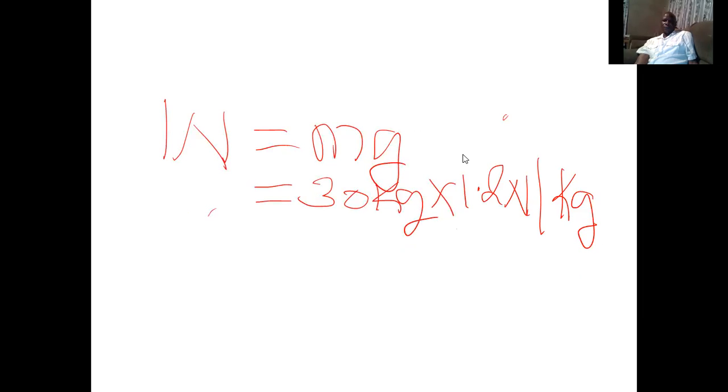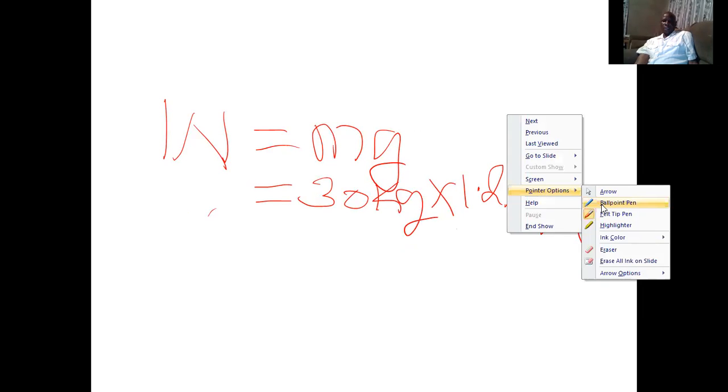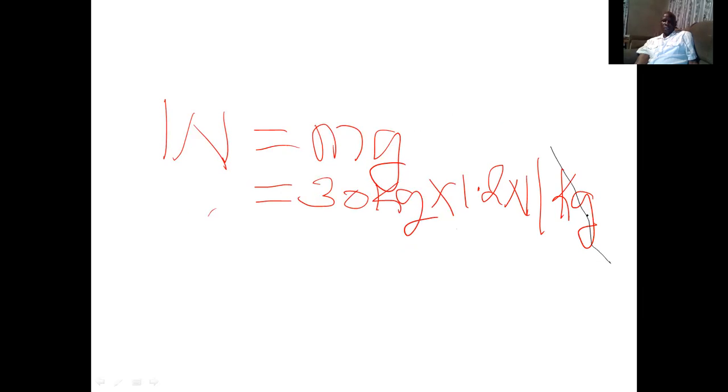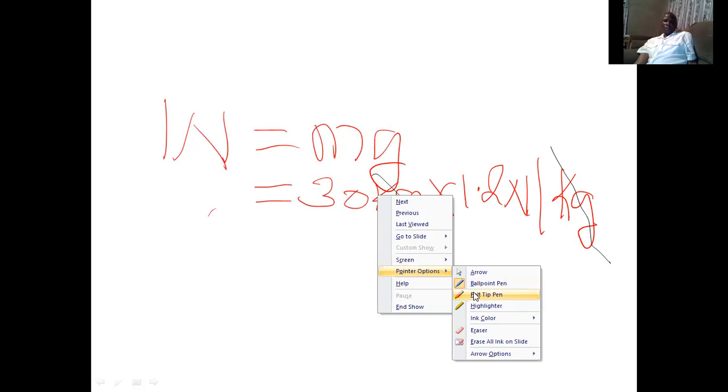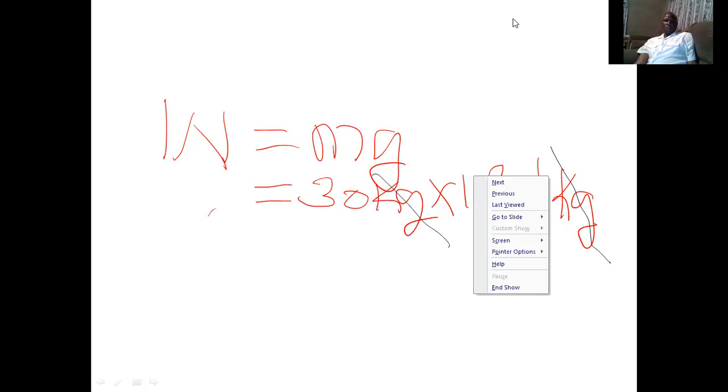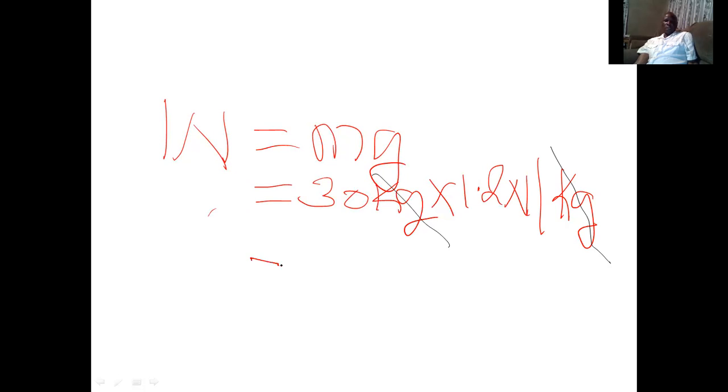Note that the kilogram here is going to cancel. So our weight will be equal to 8 multiplied by 1.2, which gives us 9.6 newtons. So this is the weight.